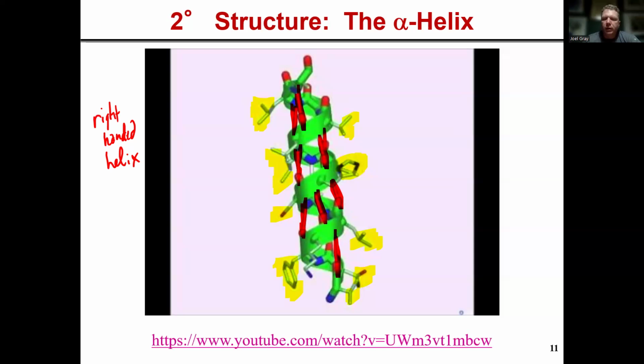So the explanation for this is that your hydrogen bonds, H bonds, are parallel to the axis of your alpha helix. Think about the hydrogen bonds as fortifying the alpha helix, providing structural integrity for it.